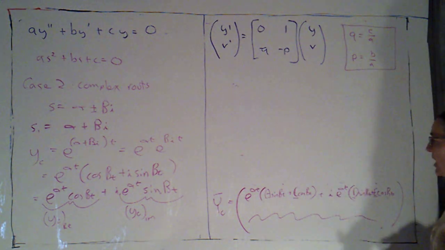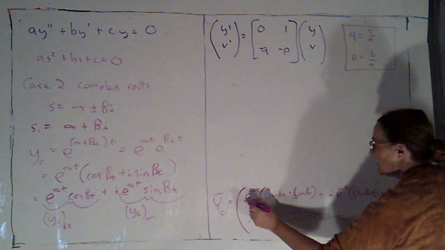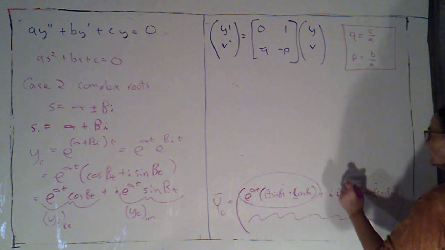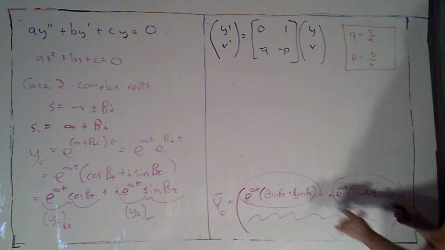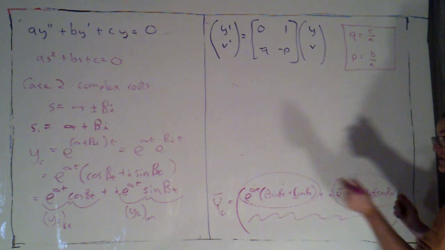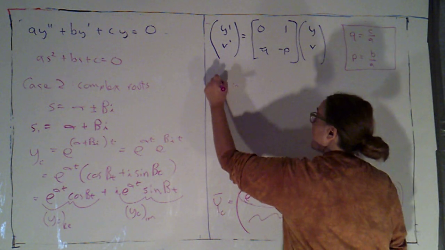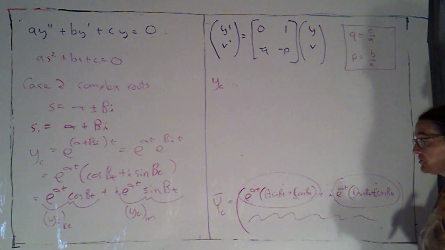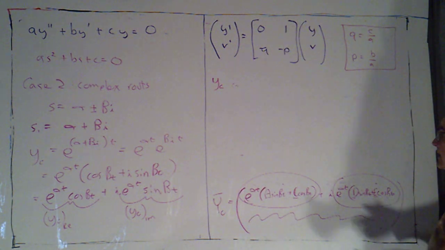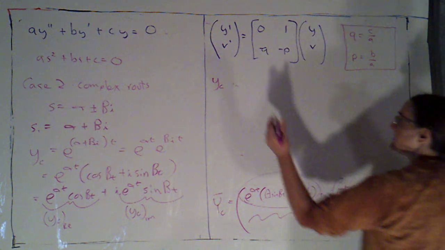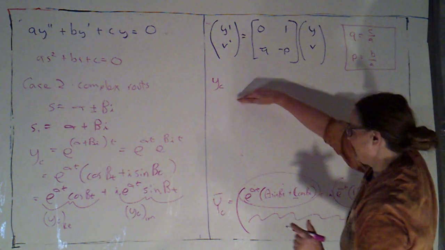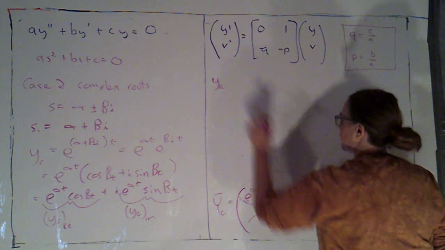So, if that's my complex solution, here's the real part, and here's the imaginary part for just the y that we would get. So a complex solution for y would just be this. I'm not going to bother to... well, actually I will.